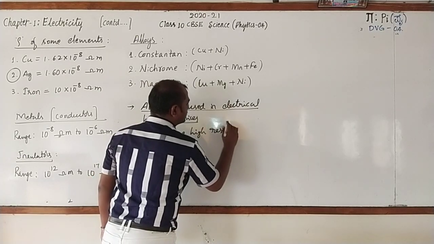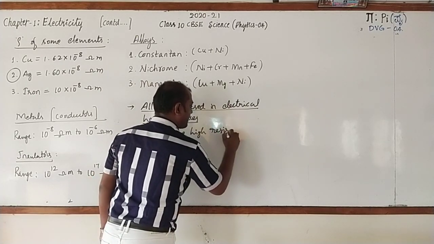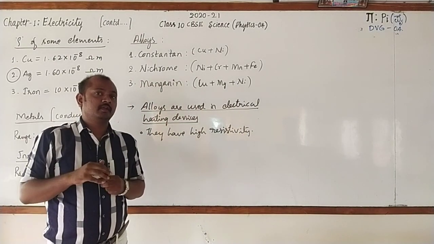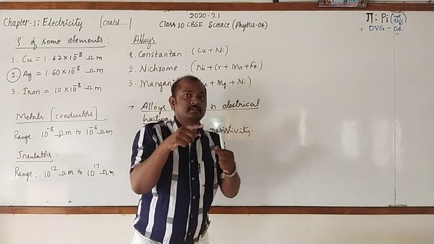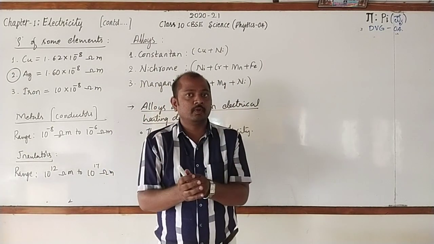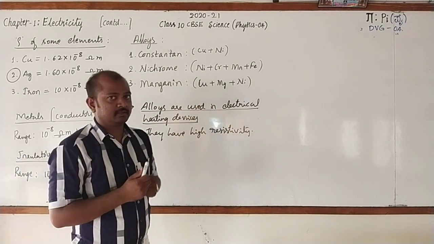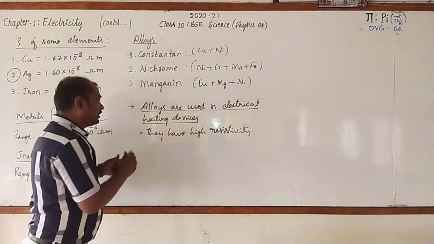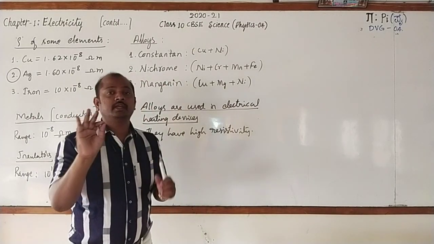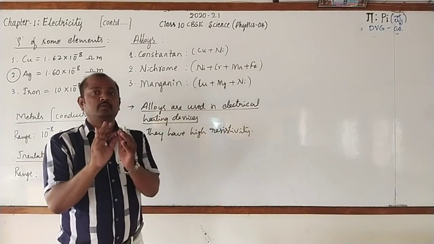As they have high resistivity, then obviously resistance will be more. As resistance increases, there will be friction between the charged particles and the atoms will also be more, which produces the heat. Got it?